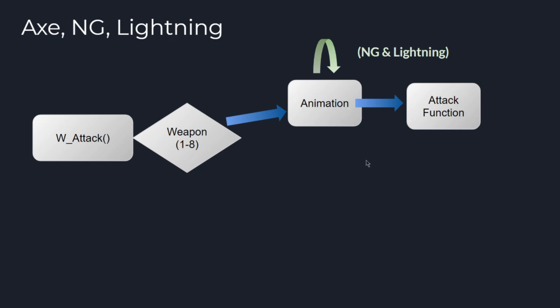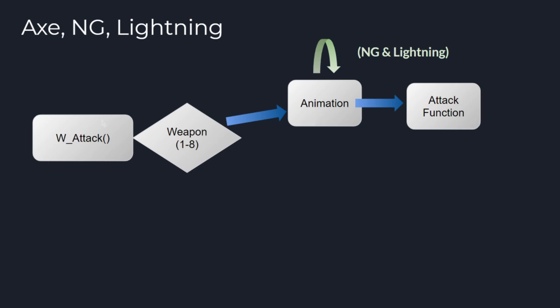The lightning gun does this for a third and different reason. And that's because when you first attack with the lightning gun, it makes the thunderclap sound. But thereafter, it doesn't. It only makes the zapping sound, for lack of a better phrase, constantly as you use it, but it only makes the thunder the first time.